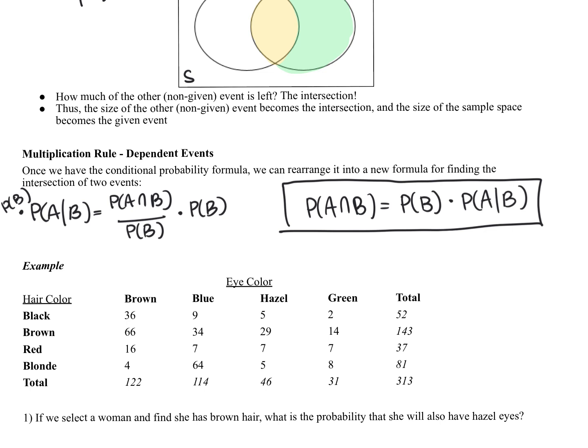So if you know two events are dependent, this is the formula you use to find the probability of A and B. So you can't just strictly multiply your two outcomes together.